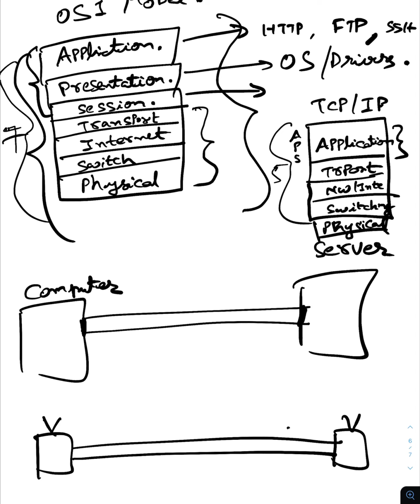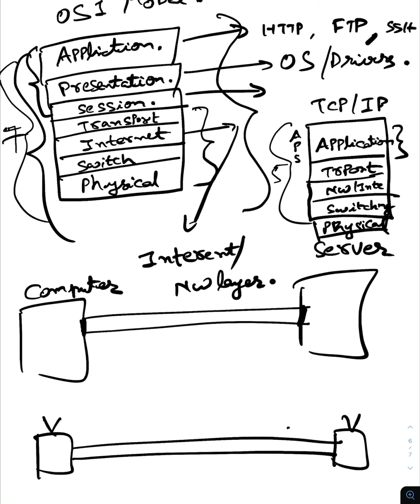In the next class I want to explain more technically the internet or network layer. I want to explain everything about this and go more technical. It will take 7 to 8 classes, or maybe 10 classes.